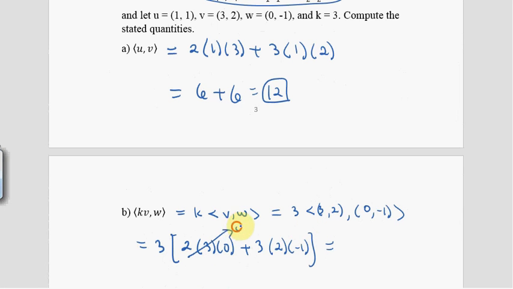So that's 0. So here we get -6 and 3, -18.